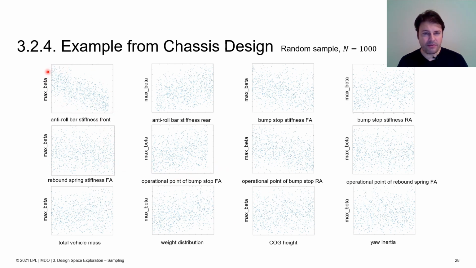The most relevant seems to be this one here. That would be the anti-roll bar stiffness in the front. And this is actually also what you can explain physically, and what you can confirm if you run more detailed analyses.